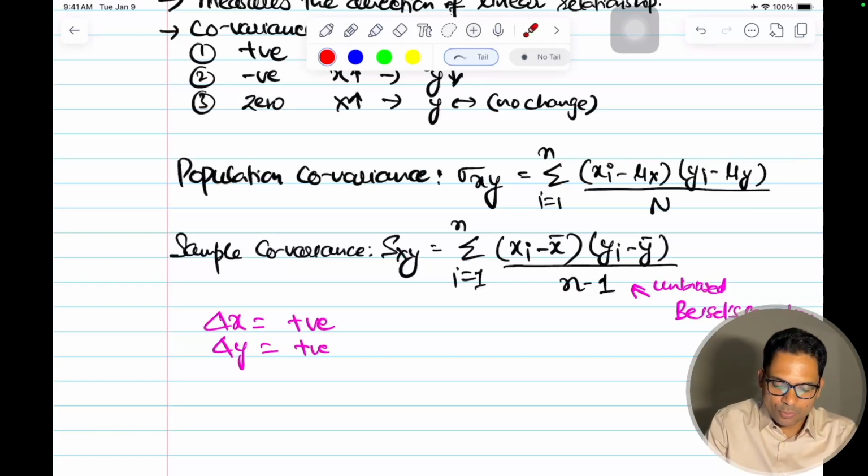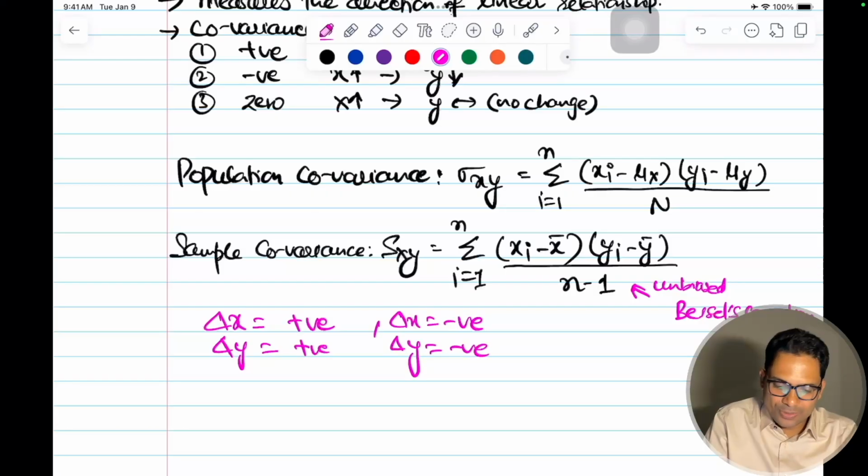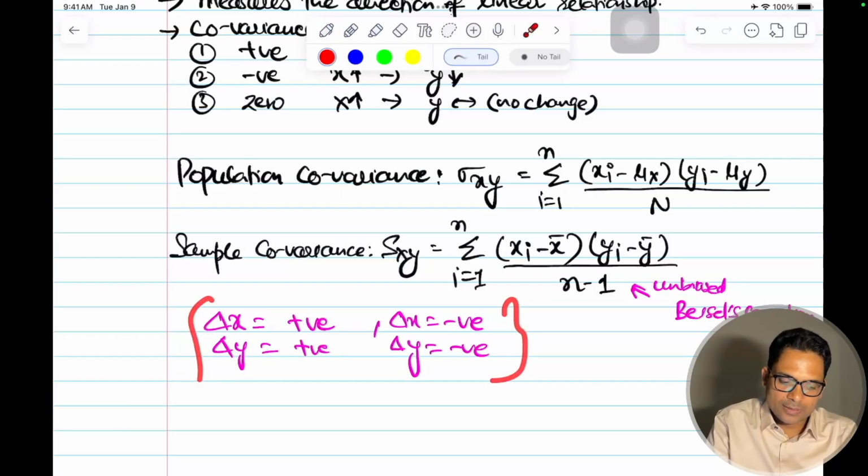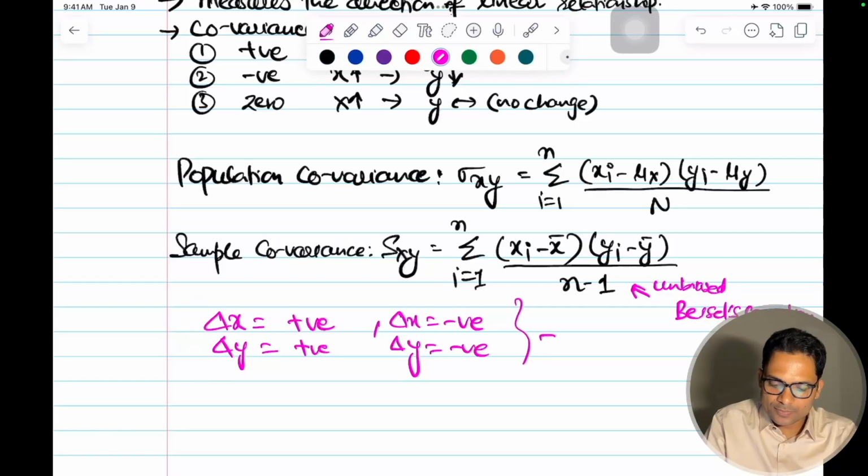Or, if delta x is negative and delta y is also negative, the product of these two would be positive, because that's the multiplication of delta x and delta y.